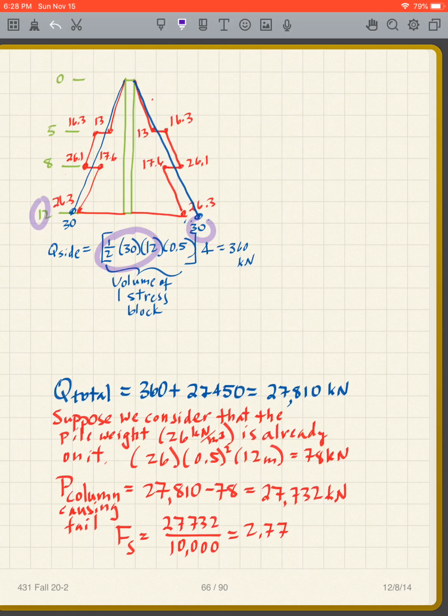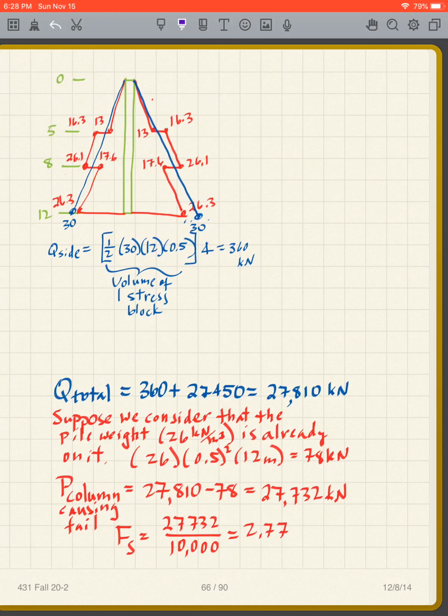And then it's 0.5 meters perpendicular. I can't show this, but if I were going to draw this square pile, in a sense, that's not perfect, but it's 1/2 meter perpendicular to the paper. So that's where that half comes from. And then we have 4 of them. So I get 360 kilonewtons.